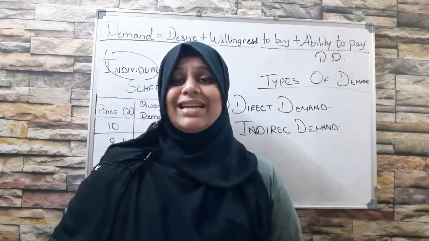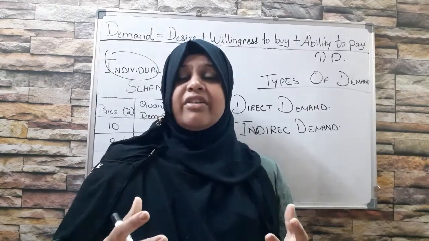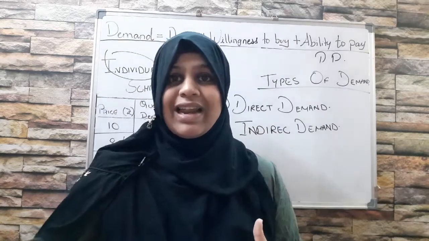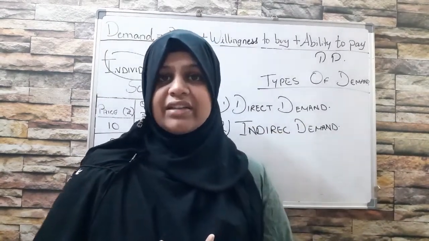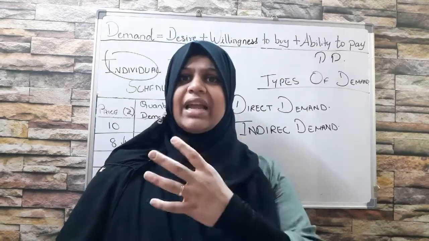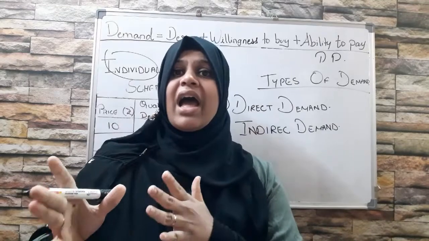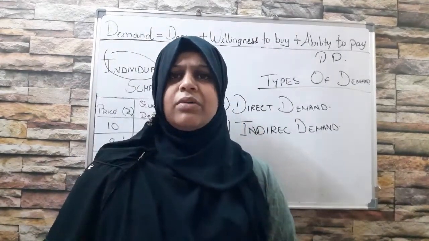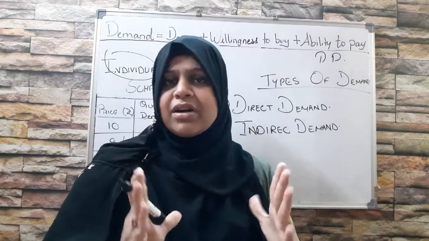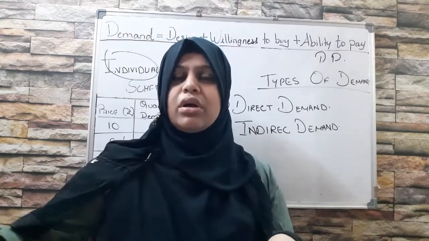One more question that is asked to you in exam is why the factors of production like labor have indirect demand. I hope you remember we have already done this, the 4 factors of production: land, labor, capital, and entrepreneur. So why does labor have an indirect demand? Very simple, a simple example: farmer. Farmer is a laborer. With his labor he is going to grow the crops.